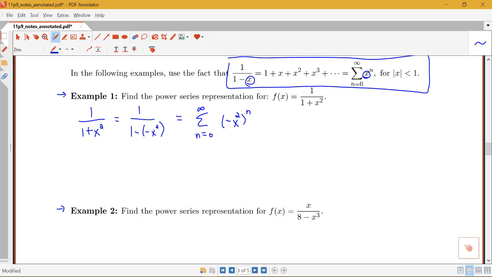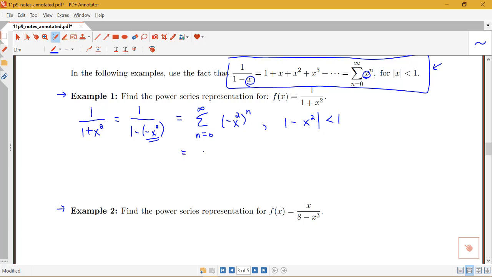Notice that this statement here was true when the absolute value of x is less than 1. The thing that we've substituted is negative x squared, so this is going to be true when negative x squared in absolute value is less than 1.